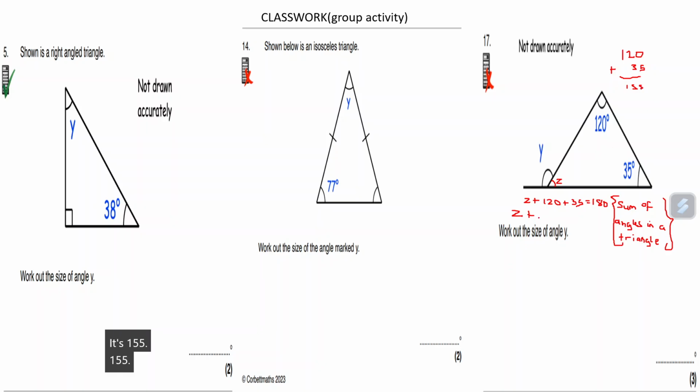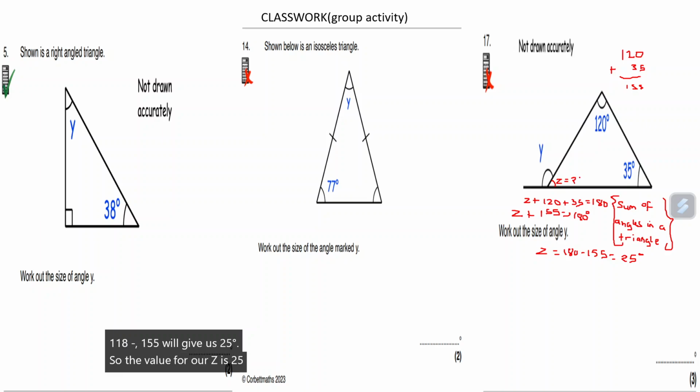So that will be 155 is equal to 180 degrees. Then the value for Z is equal to 180 minus 155. 180 minus 155 will give us 25 degrees. So the value for our Z is 25.